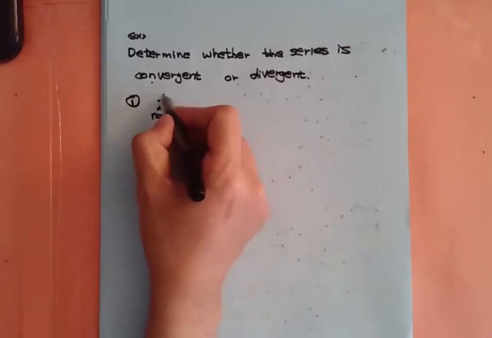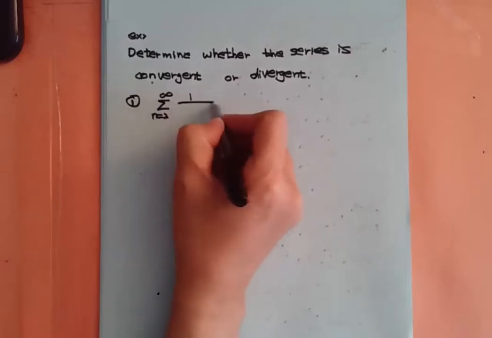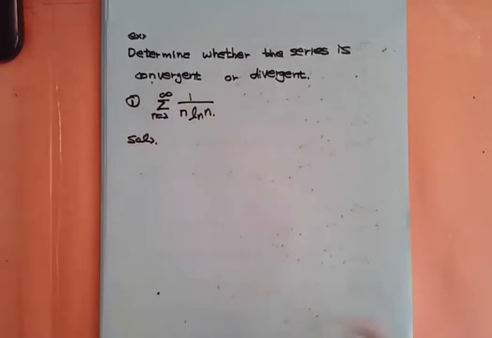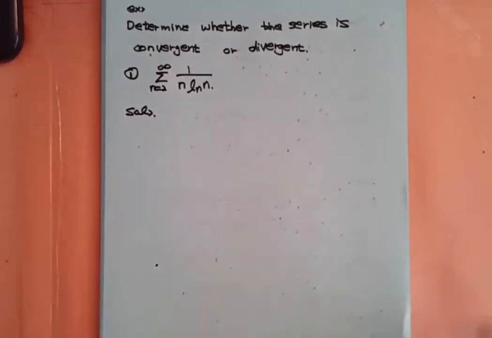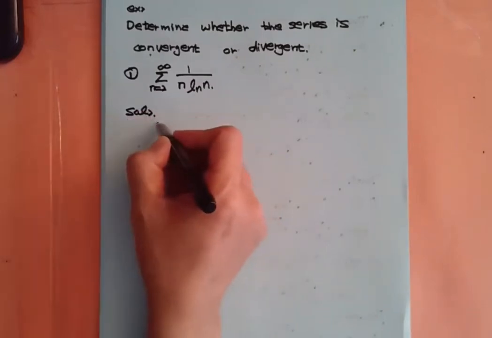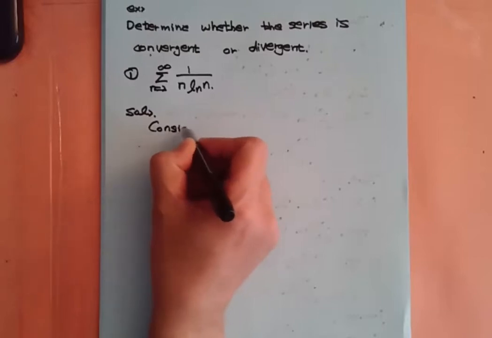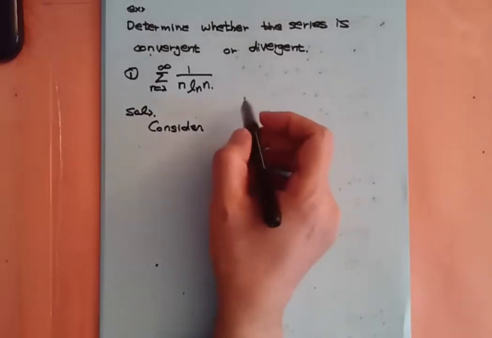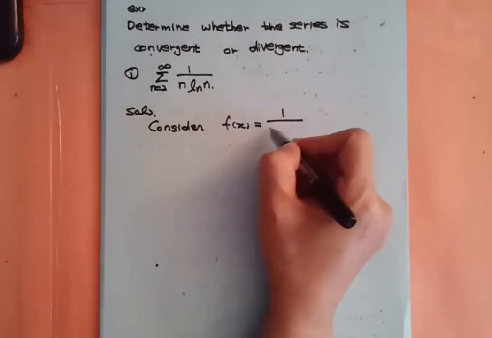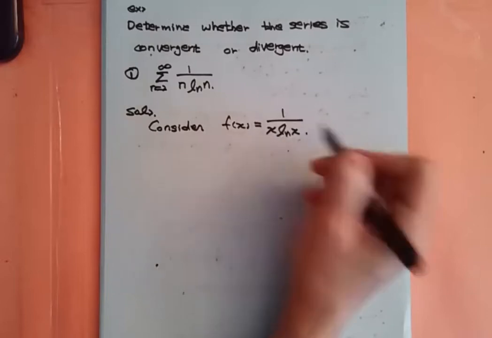Let's consider the summation n equals 2 to infinity of 1 over n times natural log of n. We want to consider the integral test, so we put f of x equals 1 over x times natural log of x.